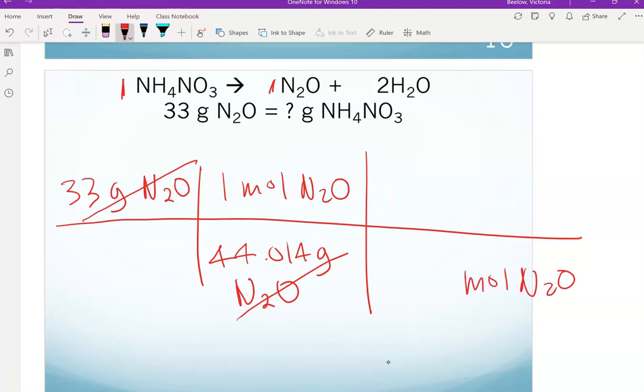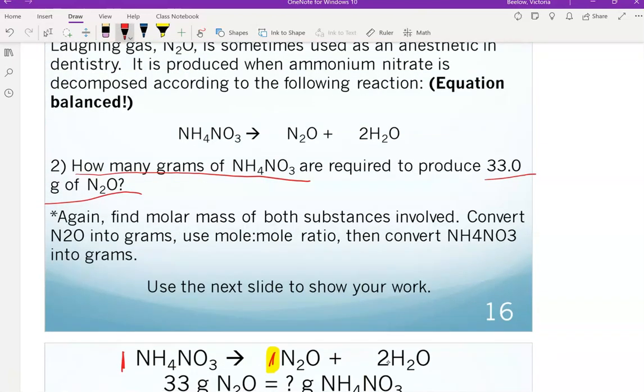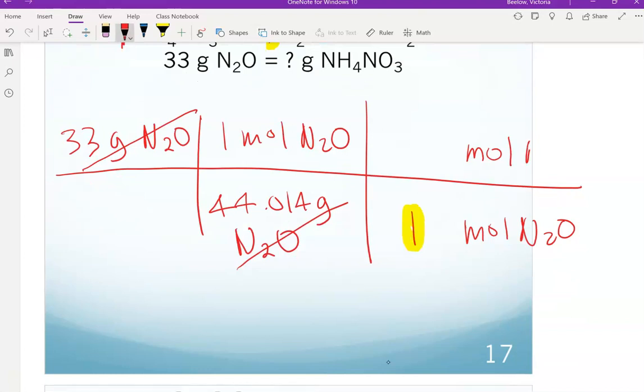According to the balanced chemical equation, that is 1 mole of N2O. And whatever goes above this, you should also be pulling that number from the balanced equation. So moles, and according to our problem, we need to get this substance here. Yes, it needs to be in grams, but the first thing we have to do is get it into moles of NH4NO3.